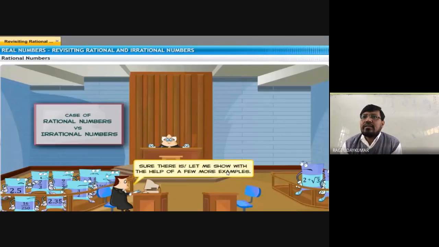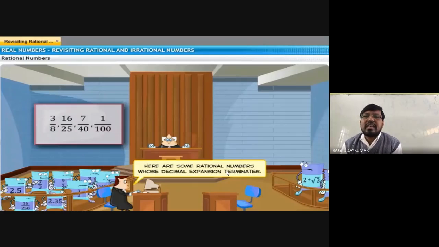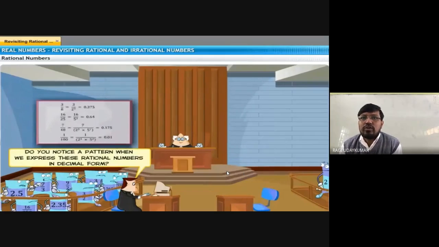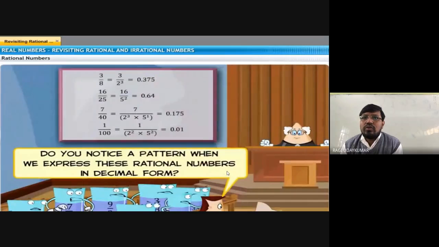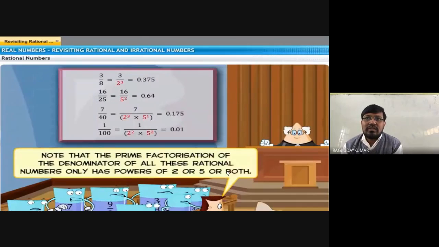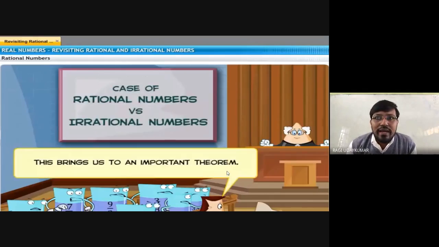Let me show with a few more examples some rational numbers whose decimal expansions terminate. Look, 3 by 8 is terminating. Do you notice the pattern when we express these rational numbers in decimal form? Look at the denominator: what is there? 2 and 5. Other than this, nothing is there. In the denominators you have only 2 and 5.